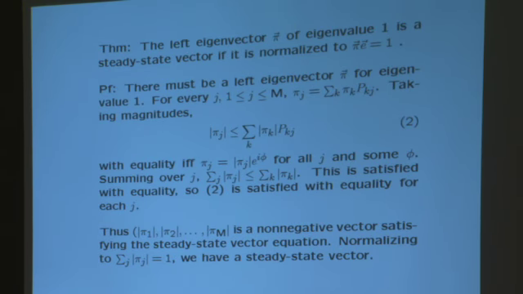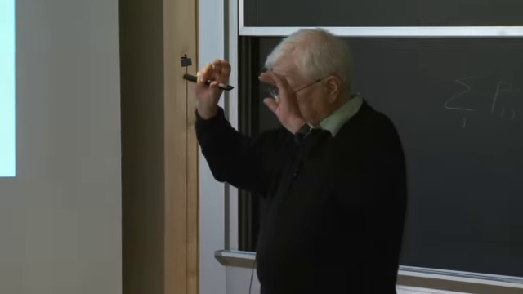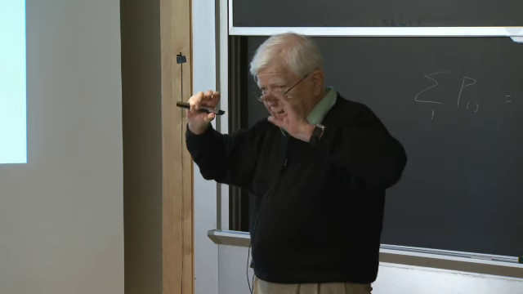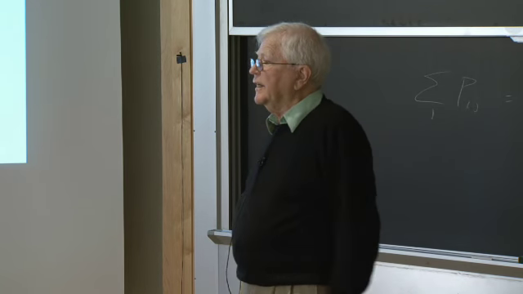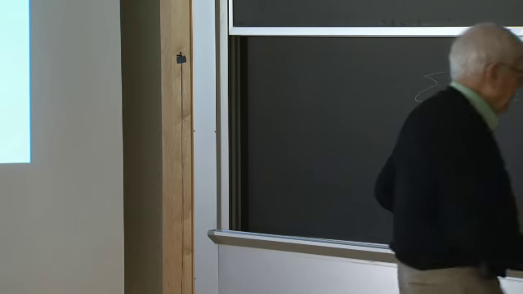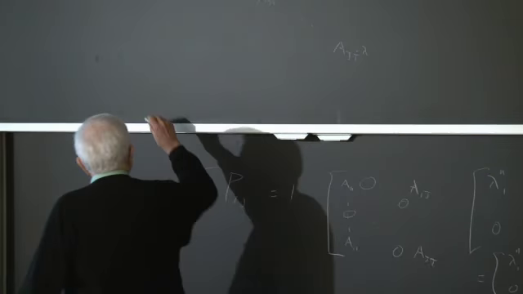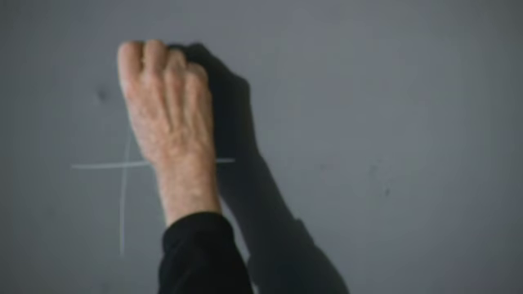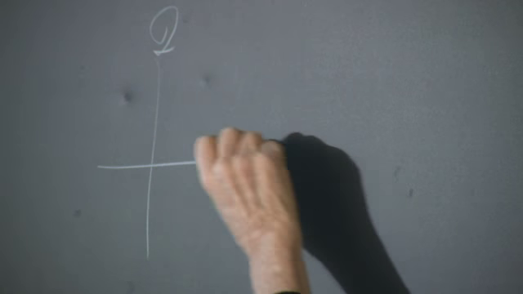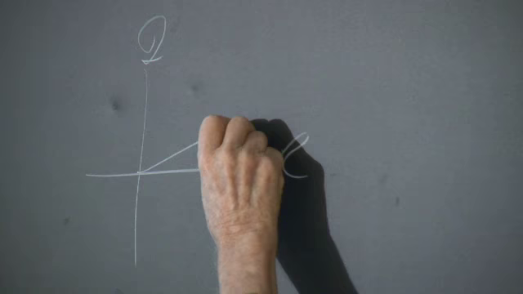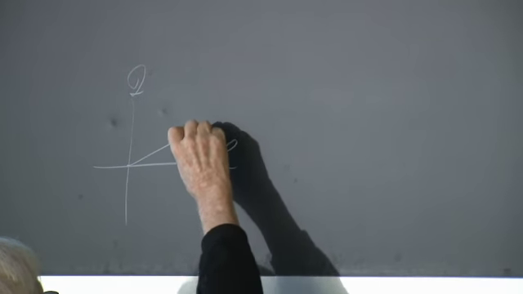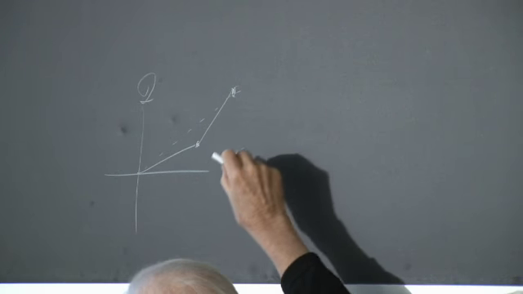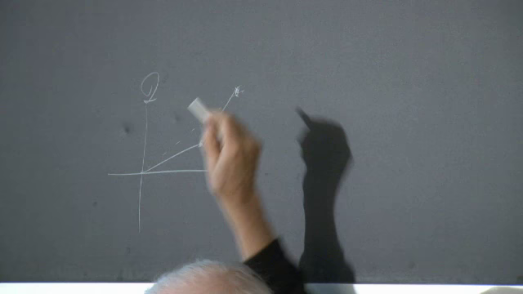If you take two complex numbers and you add them up, you get something which in magnitude is less than or equal to the sum of the magnitudes. It might sound strange, but if you look in the complex plane, imaginary, real, and you look at one complex number and you add it to another complex number, this distance here is less than or equal to this magnitude plus this magnitude.